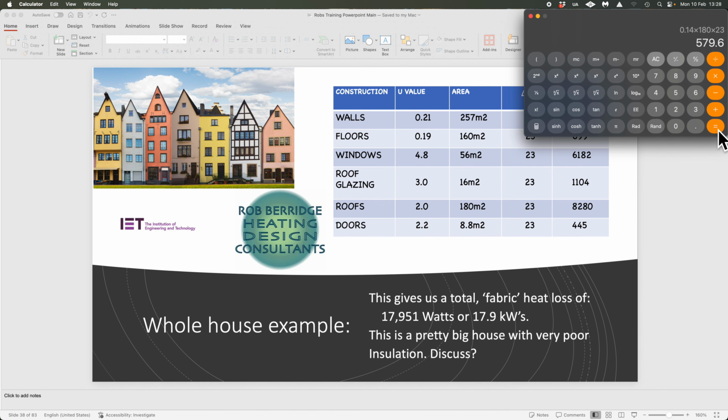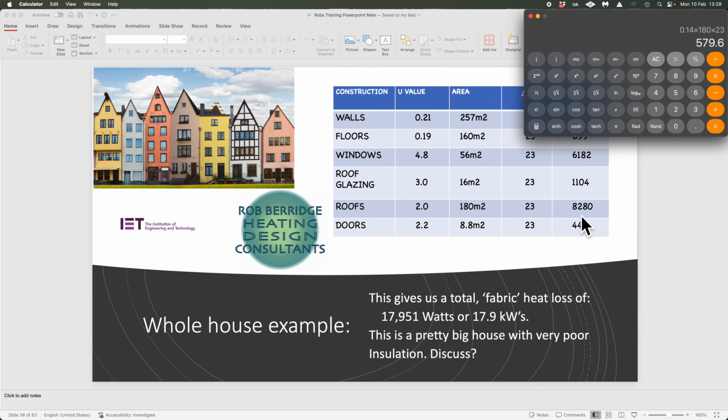And we're now losing just 579 watts out of that. We could call it 580 watts. So we're losing 580 watts as opposed to 8.3 kilowatts.